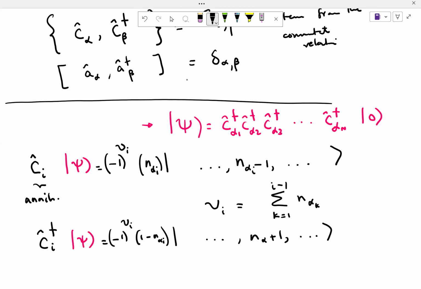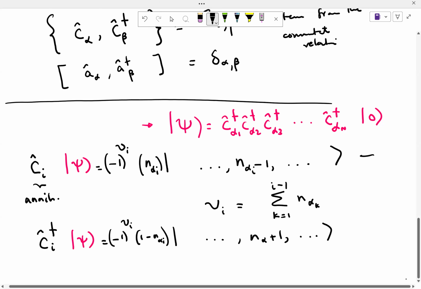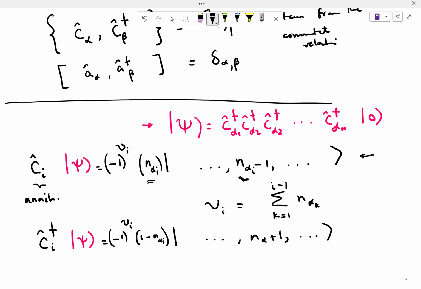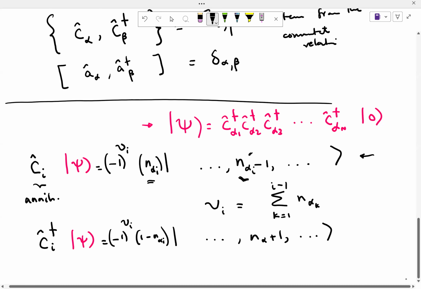So all of this is really clear. In the first example, if your original n alpha I were 0, then the state just disappears. If there were no particle here, the output of the annihilation operator acting on the state will just disappear. So all of this is so far really clear.